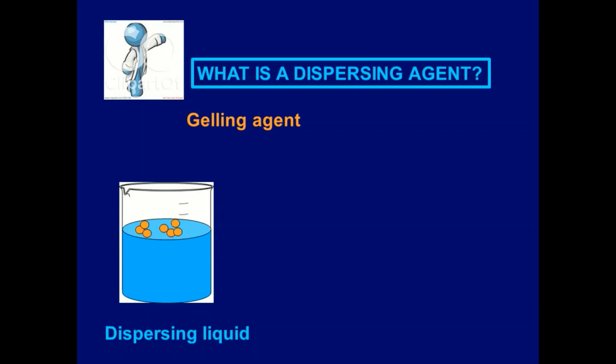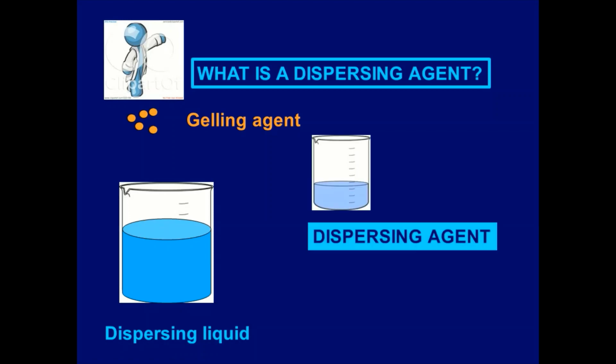So how can you make this gelling agent wetted so it can be dissolved in the dispersing liquid? Use what we call a dispersing agent. A dispersing agent is another liquid than the dispersing liquid, but it is a good solvent for the gelling agent and it can wet the gelling agent.